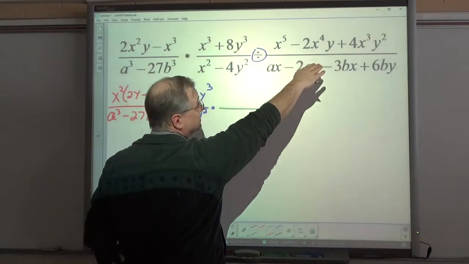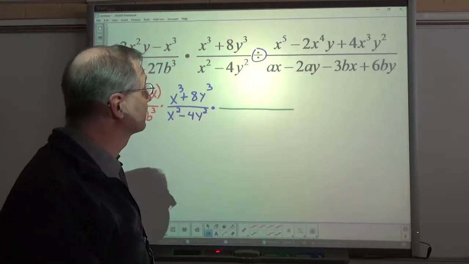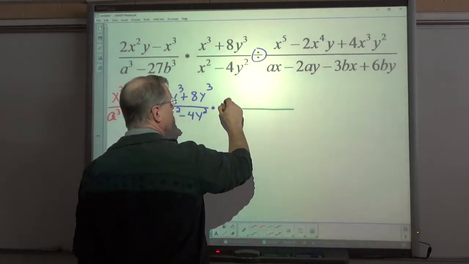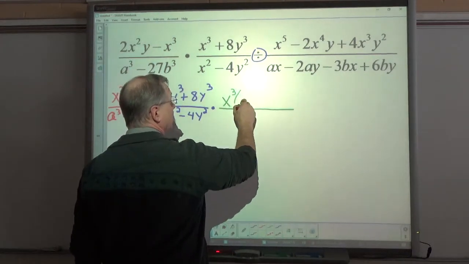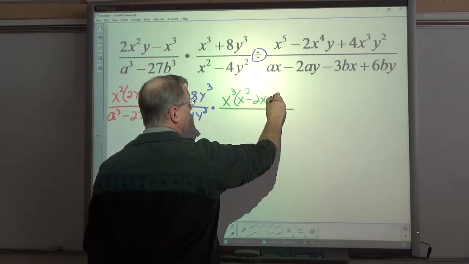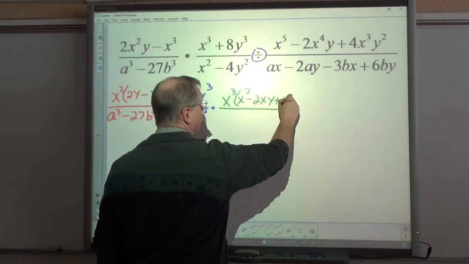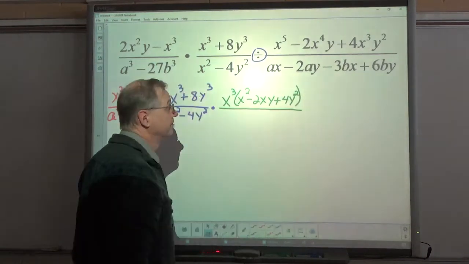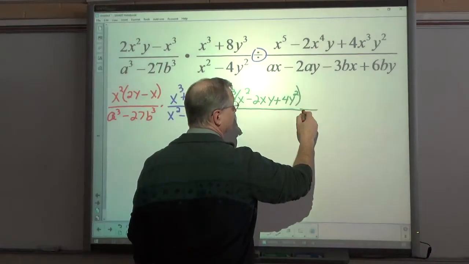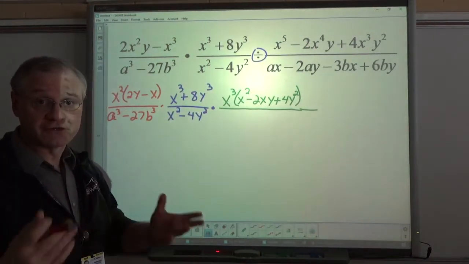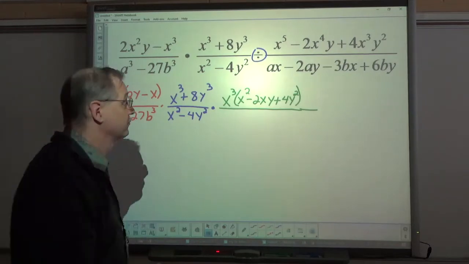I can see that's only 3 terms, and I can factor out an x to the third. That's going to be x squared minus 2xy plus 4y squared. On the bottom, now this is 4 terms. There's no GCF, so I'm going to do the first part of the group factoring.